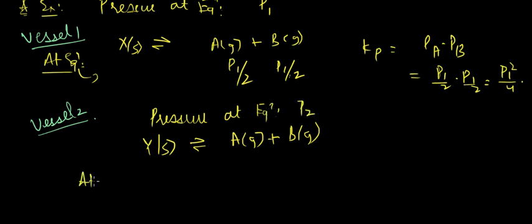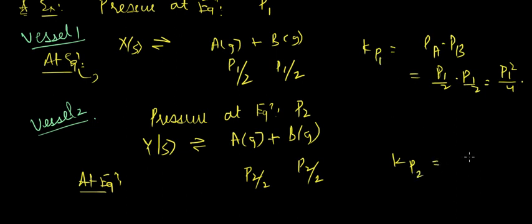At equilibrium, as this is solid, the partial pressure of this solid won't be considered, so this would be P2 by 2 and this would be P2 by 2 also. So Kp in this case, this is Kp1, I can write it, and Kp2 would be again P2 square by 4. So this was happening in a separate vessel.